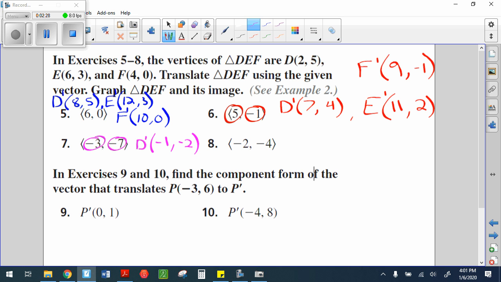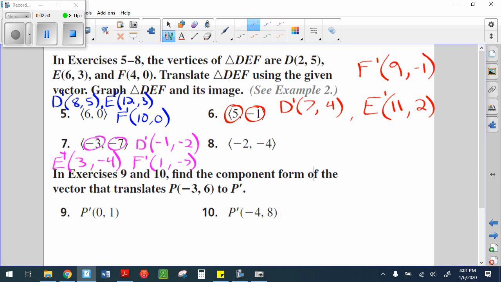Now the original E values to get E prime. So E prime is going to be 6 minus 3 for the x's, which is 3, and 3 minus 7, which is negative 4 for the y value. And then F prime, 4 minus 3 is 1, and 0 minus 7 is negative 7 for F prime.